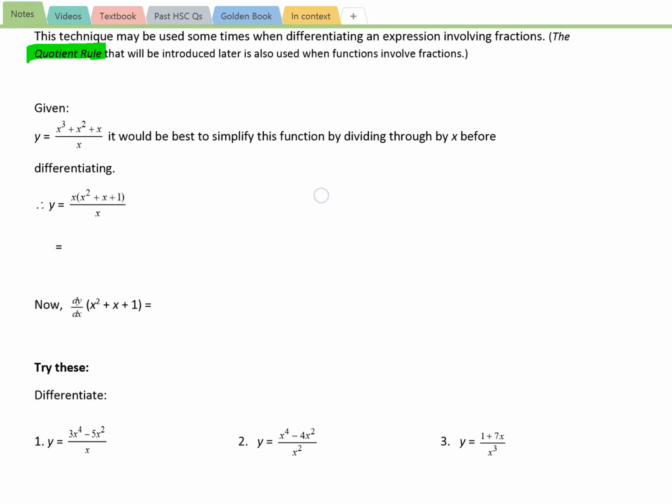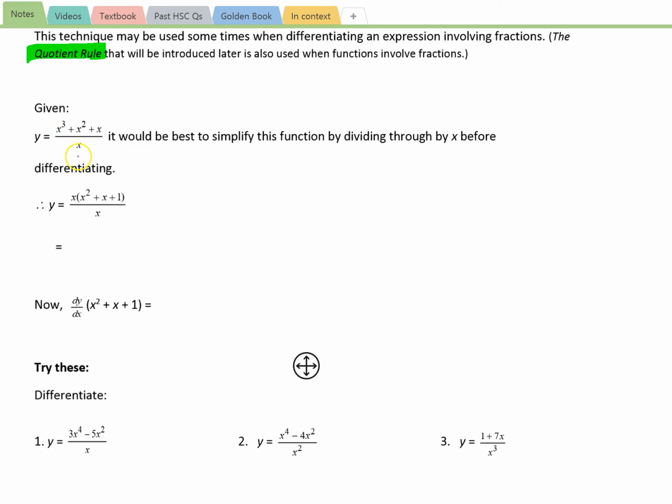Now, again, this one has been carefully chosen to show you that it is possible that the fraction can actually be simplified. And it says it would be best to simplify this function before differentiating. We learnt back when we were doing algebraic fractions that in order to cancel down, you need to introduce multiplication of terms in your numerator in this case.